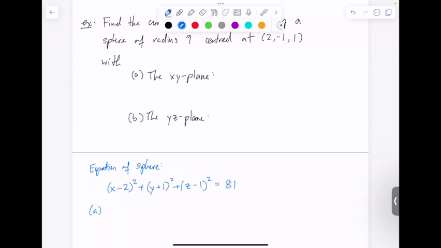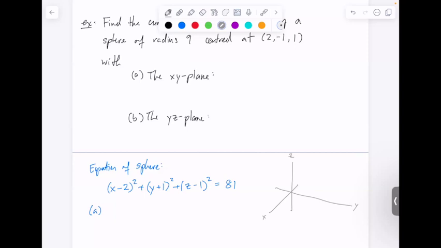What do I do for A? How do I find the intersection with the xy plane? This should be a curve, so it should be some algebraic expression just dependent on two variables, right? It lives in the xy plane now. So what is the equation for this? Remember, here's x, y, z.